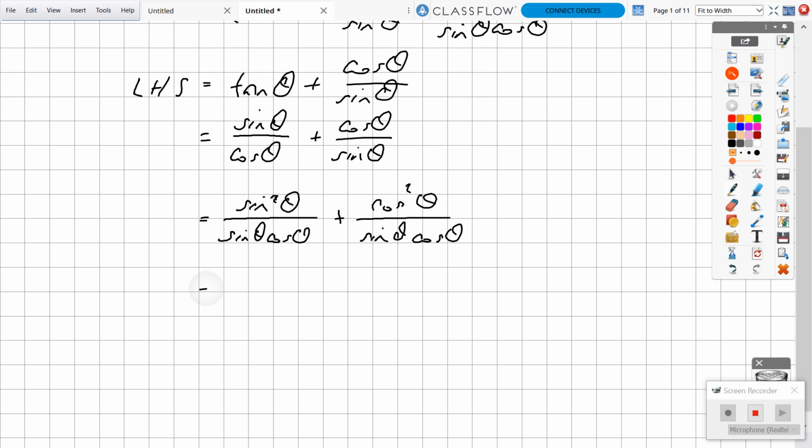Now that I've got my common denominator, I can start to think about actually combining the two fractions. So the numerator becomes sine squared theta plus cos squared theta.